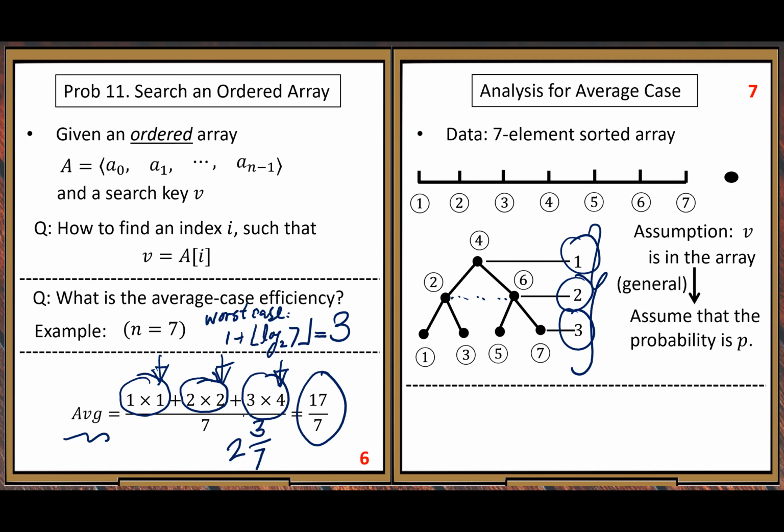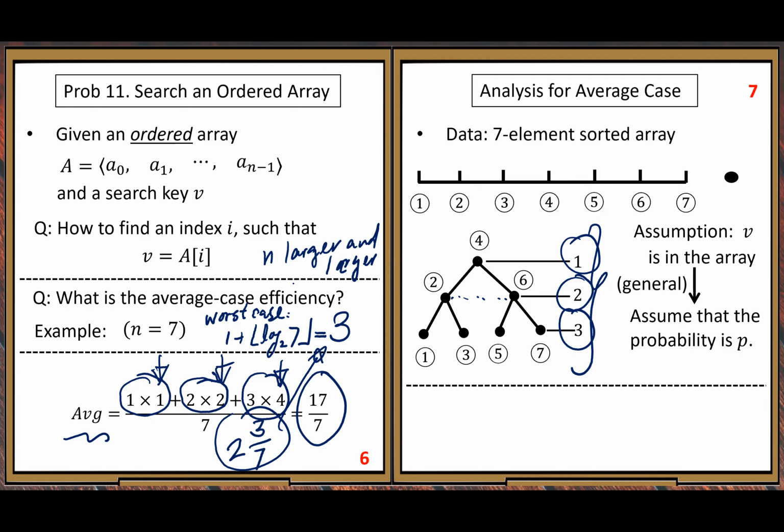Here you may argue this number is not very close to 3. But when n becomes larger and larger, the average case gets closer and closer to the worst case.